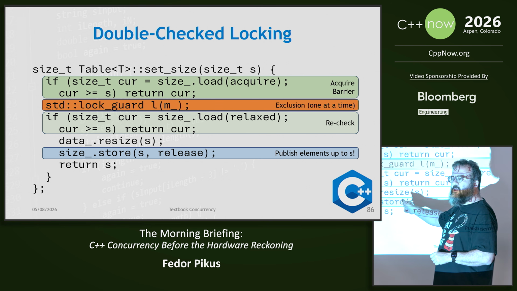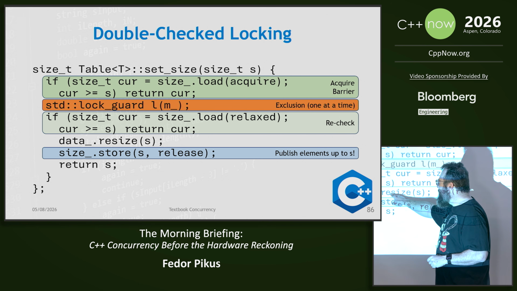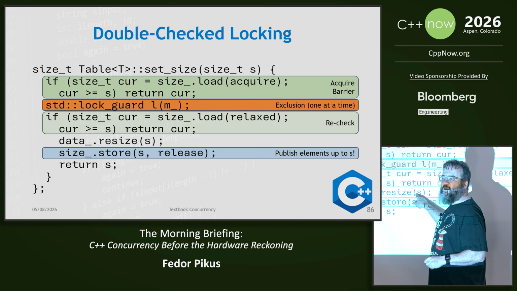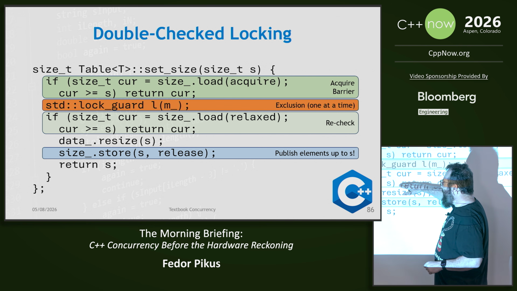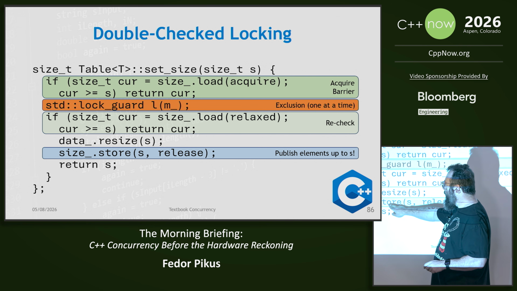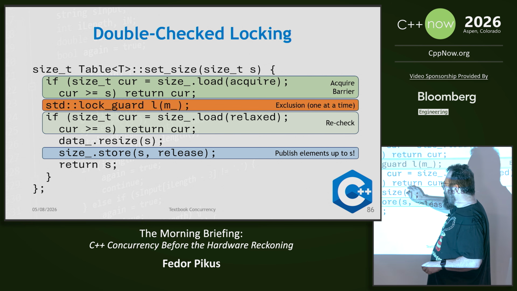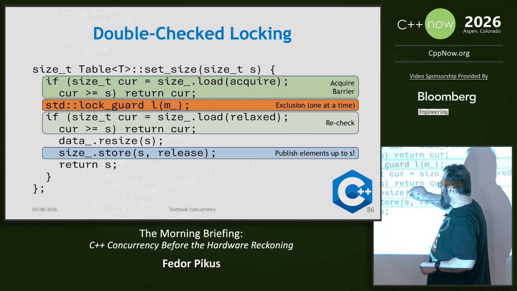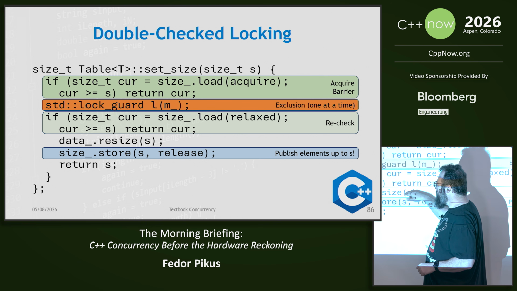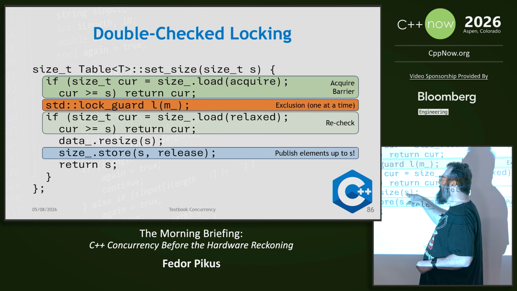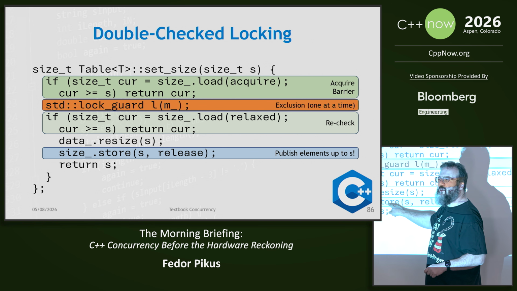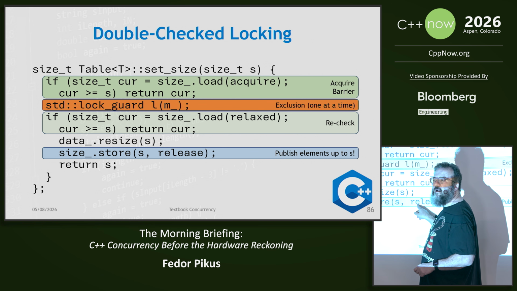I'm going to access element number 6. Element number 6 is still in the process of being written. Because without the barrier, hardware can move, and hardware actually will move this, because look, this sits in the register. It puts the S in the register, it calls this function, all of this constructs stuff, it doesn't actually need the value of S. There is no data dependency, so this can fire on the hardware.